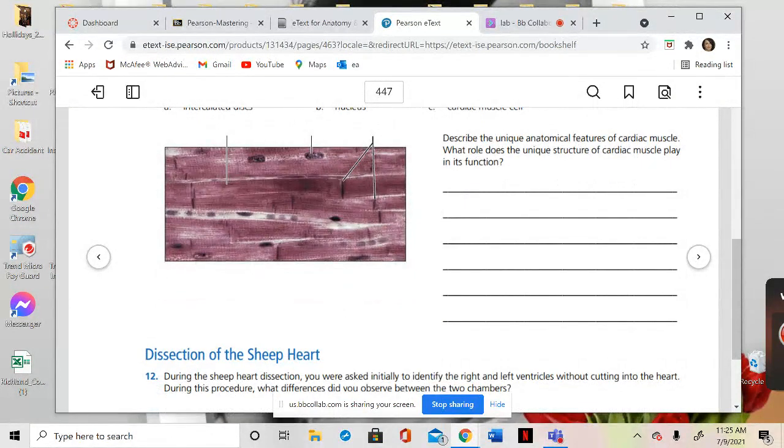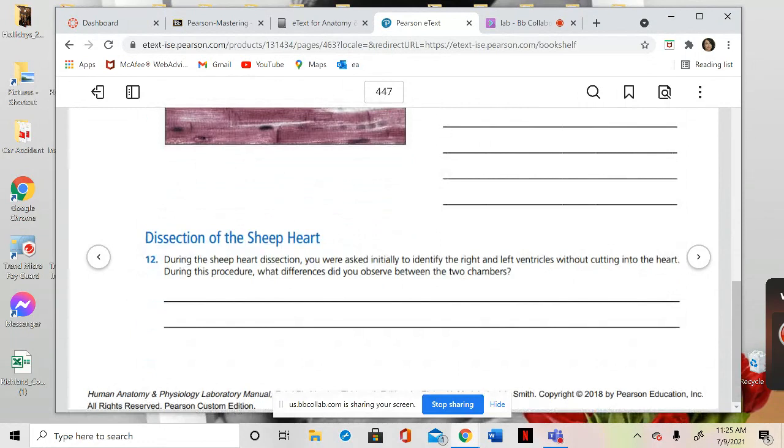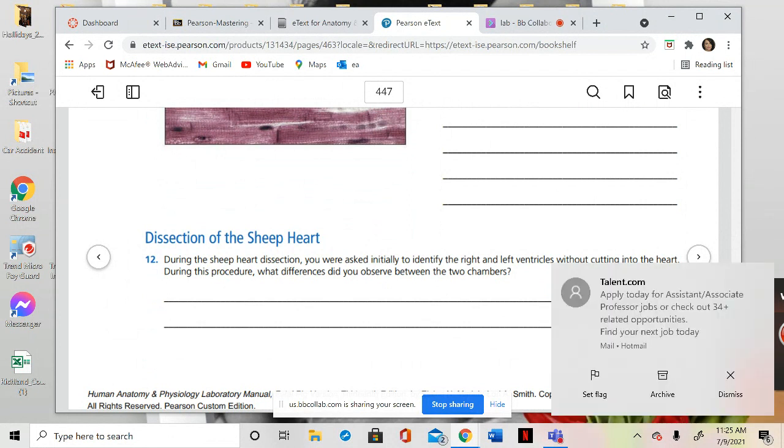This is just, you have to read and make differences between the skeletal muscles and the cardiac muscle. Both tissues are striated, right? But skeletal muscles are long cylindrical cells with many peripheral nuclei.